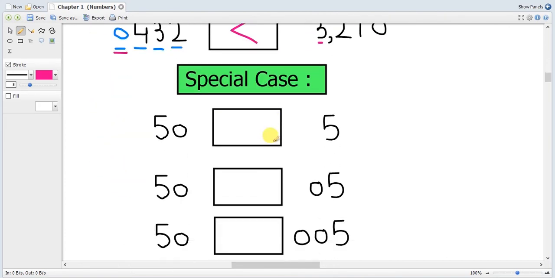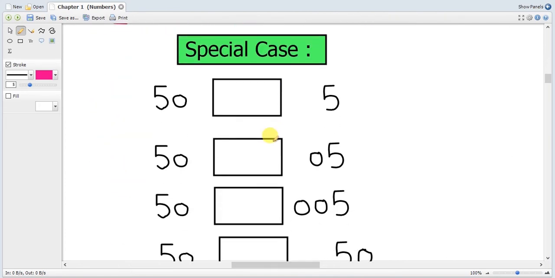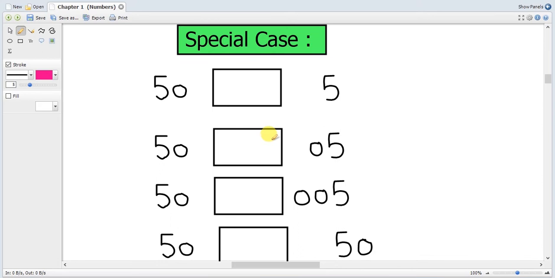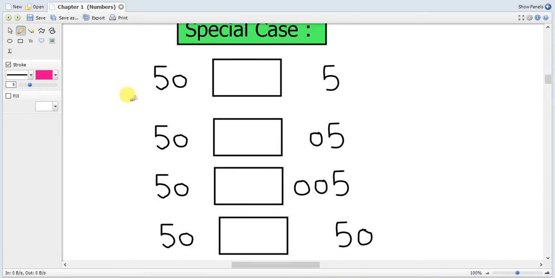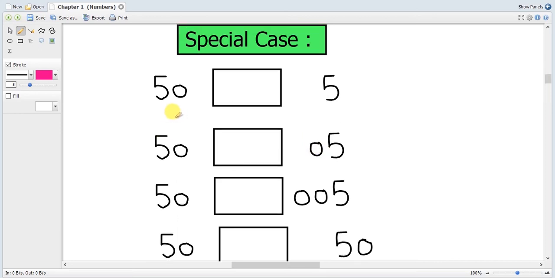So let's move on to the next one. Over here we have a special case. Numbers are basically identical, with a switching number of zeros. We'll discuss one by one in detail. So over here we have 50 and this is the number 5. If you already know which number is bigger and which is smaller, go ahead.